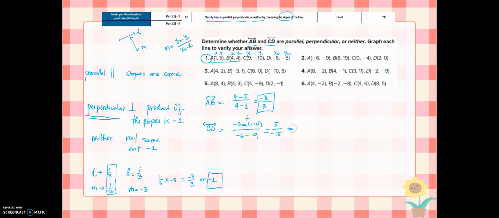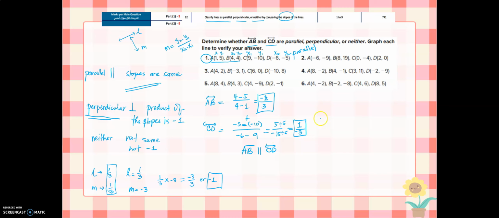Dividing both numerator and denominator by 5, this becomes 1 over negative 3, which is the same as the first line. According to the rule, the lines are parallel, so AB is parallel to line CD.